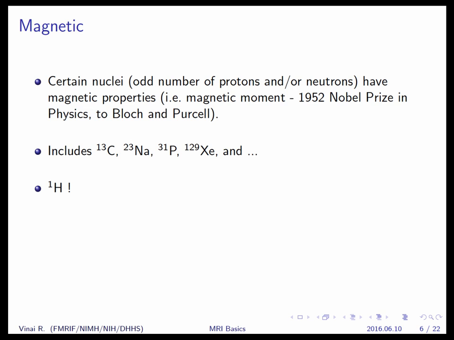Yes, tissue water. Actually, tissue water, fat, protein, cartilage, all these tissues have vast amounts of hydrogen atoms in there. And as we'll talk about in the contrast, it's the environments that the hydrogen atoms are in that give the contrast. Okay, but back to basics.